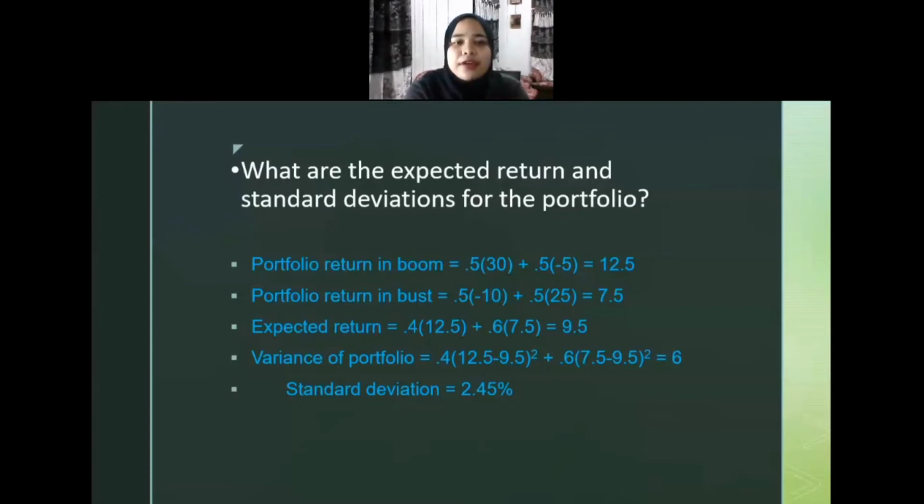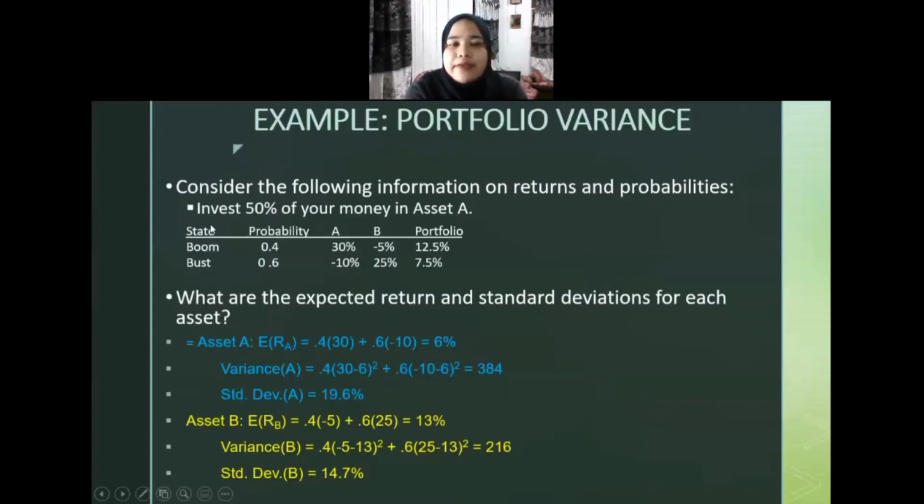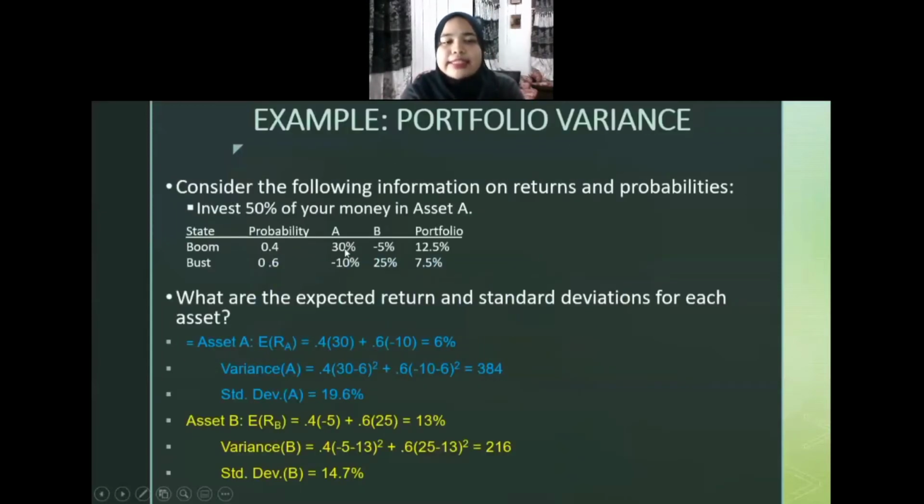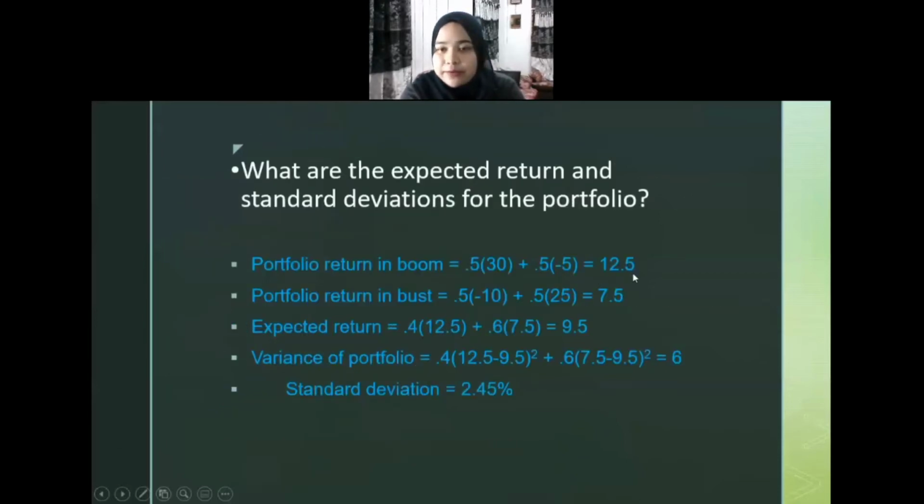For the boom period, before that, it is stated that we invest 50% in asset A. So for asset B, we also invest 50%. To calculate it, 0.5 times 30 and 0.5 multiplied by negative 5. So we will get 12.5.